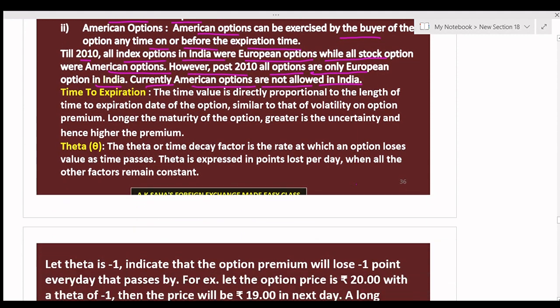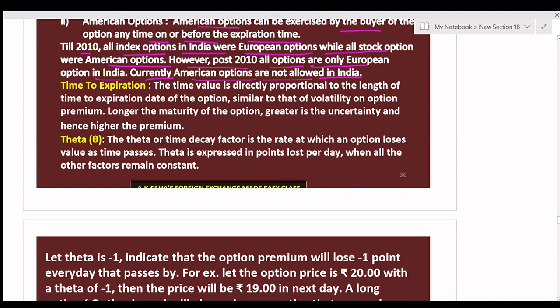Next, time to expiration. The time value is directly proportional to the length of time to the expiration date of the option, similar to volatility on option premium. The longer the maturity of the option, the greater the uncertainty, and hence the higher the premium.